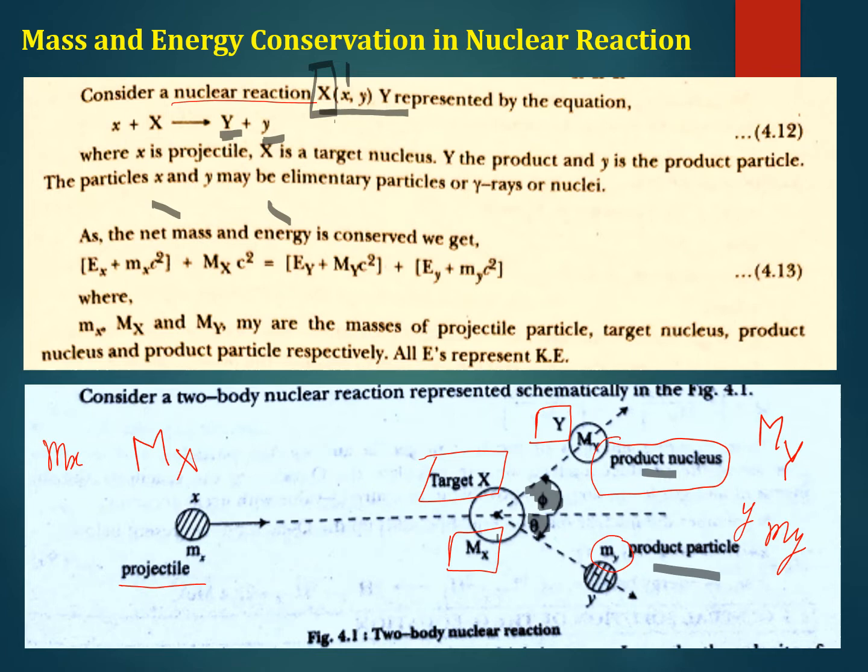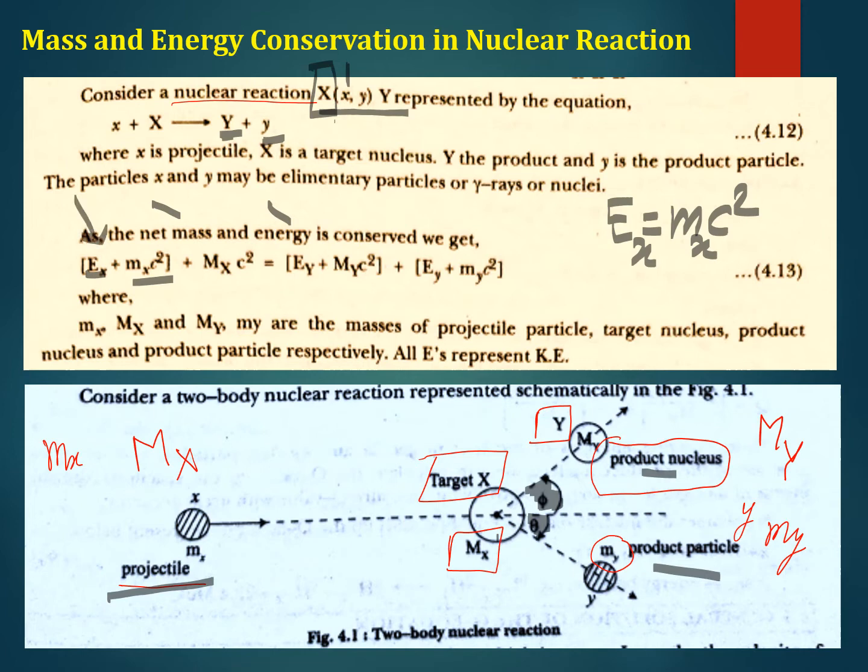According to that, the projectile has kinetic energy Ex plus mx c square, the energy mass relation, just like E is equal to mc square. We know that E is equal to mc square, and if mx is the mass of the projectile, then the energy is the kinetic energy plus mx c square. What is Ex? It is the kinetic energy.